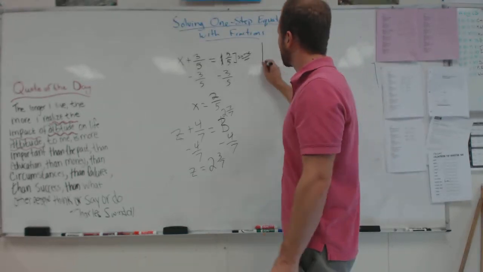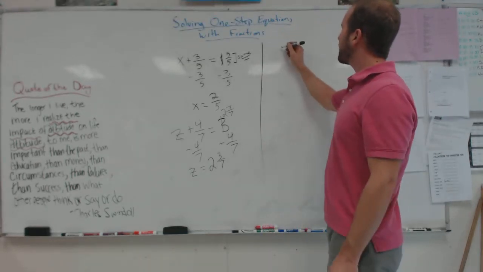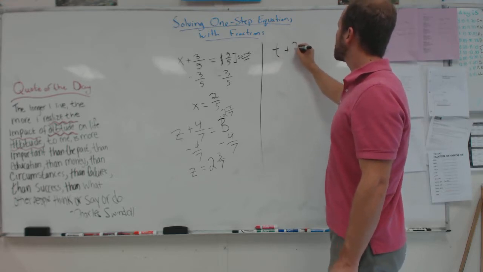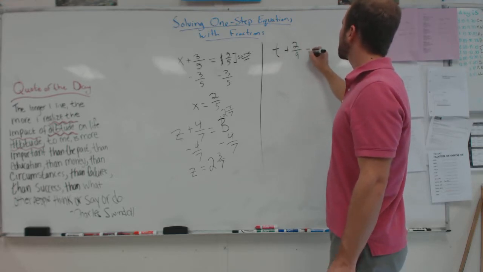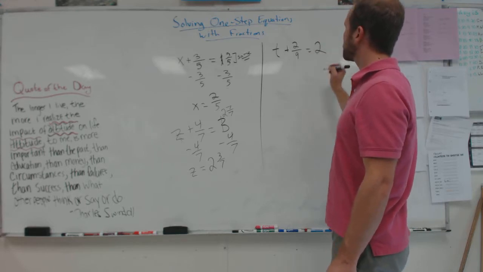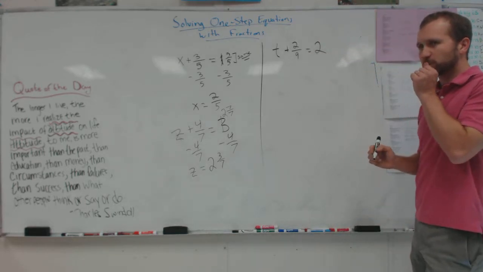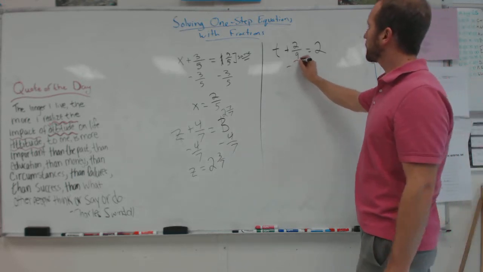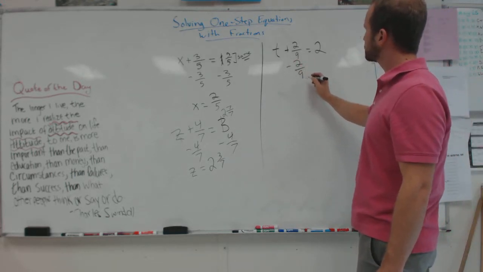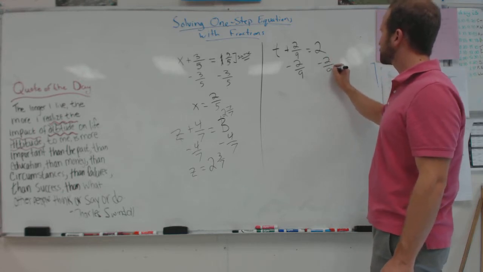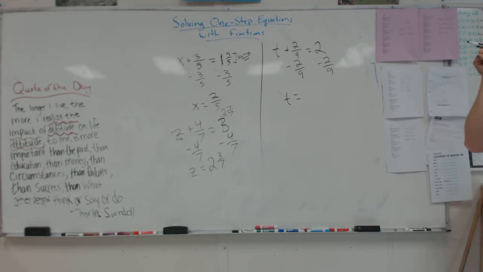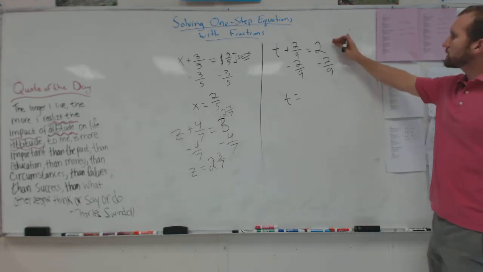Just leave space. What if I had t plus 2/9 equals 2? That's my first step. Subtract 2/9. T equals. How do I take 2/9 away from 2?